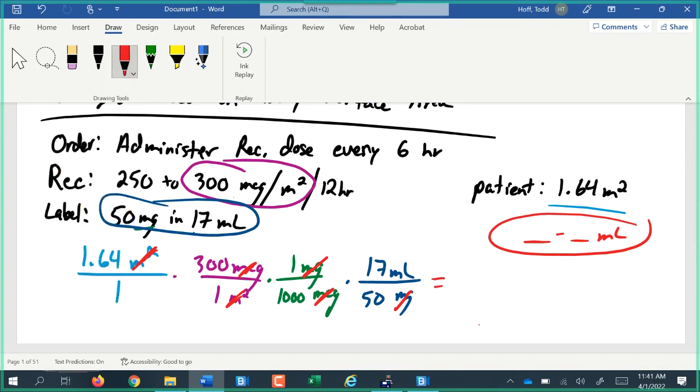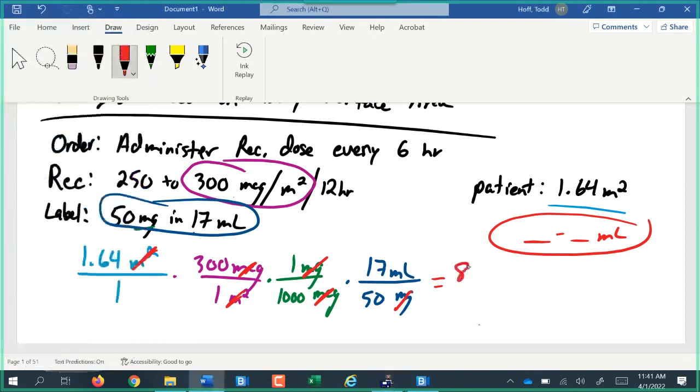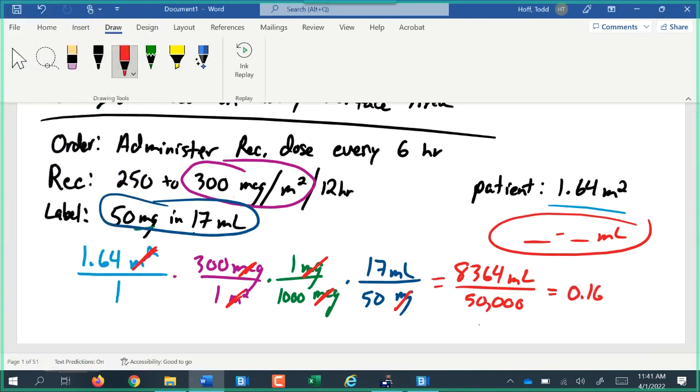So on top there, we have 1.64 times 300 times 1 times 17 milliliters gives us 8,364 milliliters. On bottom, we have 1 times 1,000 times 50, so that's 50,000. And we will go ahead and divide that out. It's going to be a really small number, 0.167, we'll round that to.